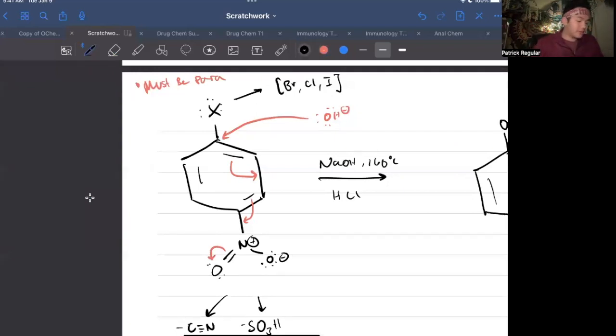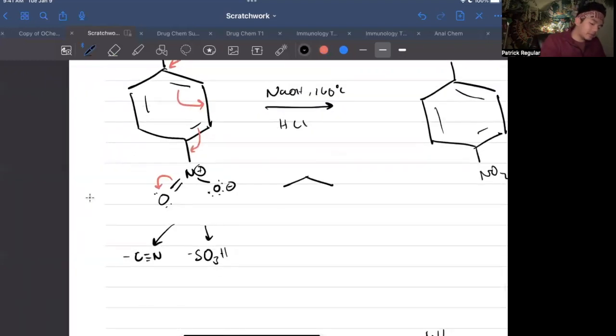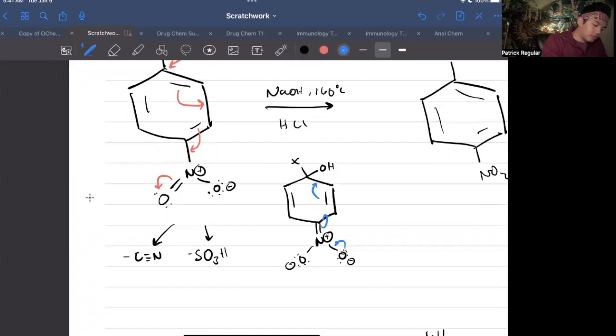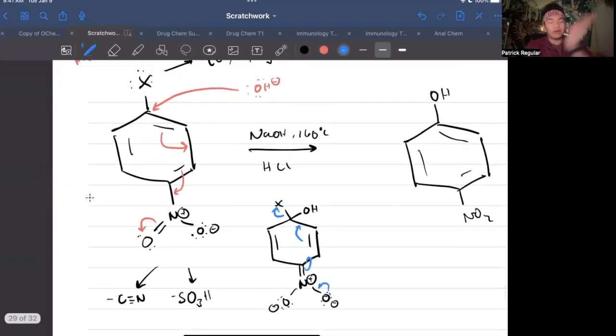In a single step, you're going to have something that looks like this. And immediately, you're going to have this reverb, where you push it all onto the deactivator and then it'll push right back and kick out that X. Okay, so you flow one way, and then immediately you flow the other way and kick out whatever halogen you have.